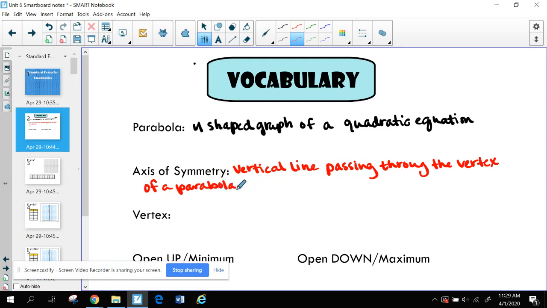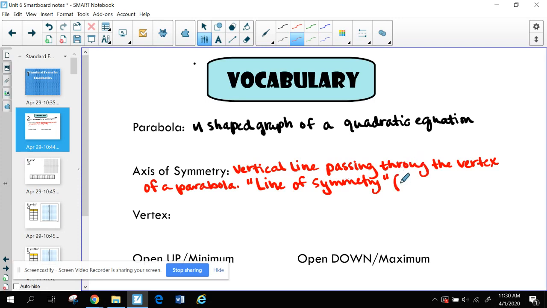It is also sometimes called the line of symmetry. We'll start to see that it's going to be the line that goes straight through the center of your parabola so that it's equal on both sides.